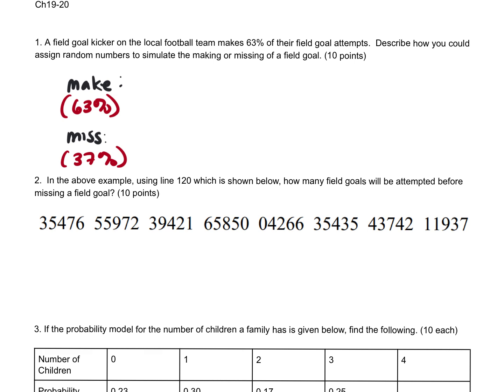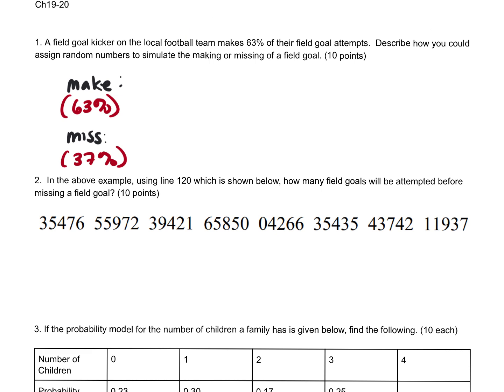If you assign 1 digit, you have to be in increments of 10%, because if I think of 0, 1, 2, 3, 4, 5, 6, 7, 8, 9, then there are 10 digits, so each one would represent 10%. In this case, I have 63%, so there's no way I can do it with 1 digit, so I'll have to do 2 digits.